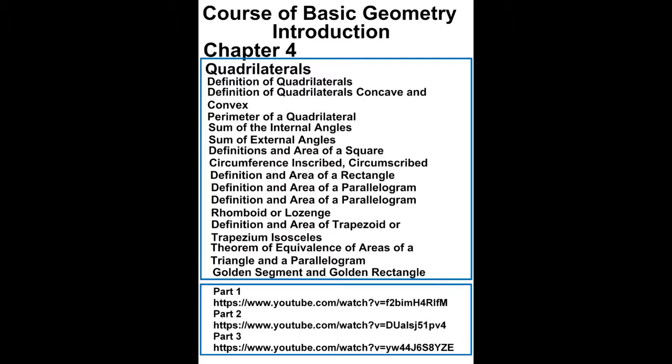Definition of quadrilaterals, definition of concave and convex quadrilaterals, perimeter of quadrilaterals, sum of the internal angles, sum of external angles, definition and area of a square, circumferences inscribed and circumscribed, definition and area of a rectangle, definition and area of a parallelogram, definition and area of a rhomboid or losange, definitions and area of a trapezoid or isosceles trapezium, theorem of equivalence of areas of a triangle and parallelogram, golden segment and golden rectangle.